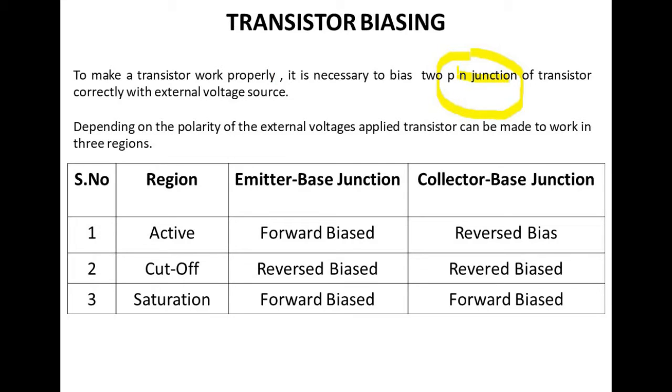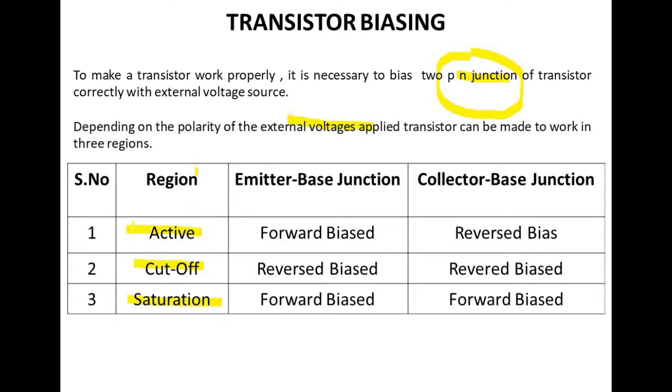Let us see how these two junctions are biased. Depending on the polarity of the external voltages applied, a transistor can be made to work in three regions: the first is the active region, the second is the cutoff region, and the third is the saturation region.